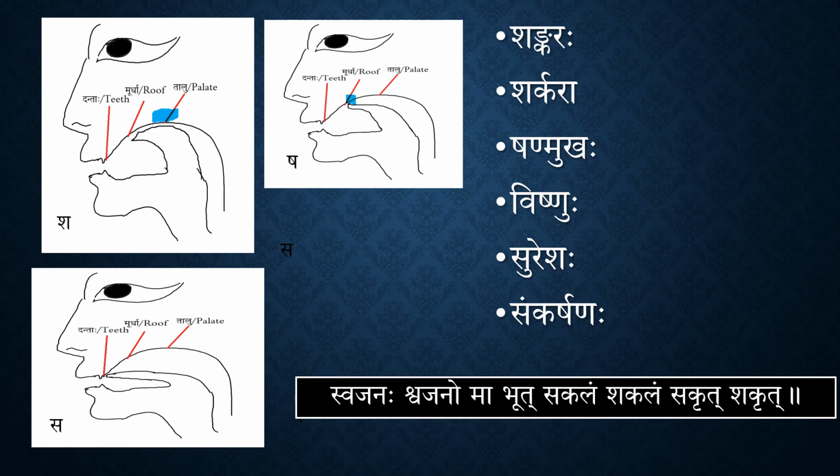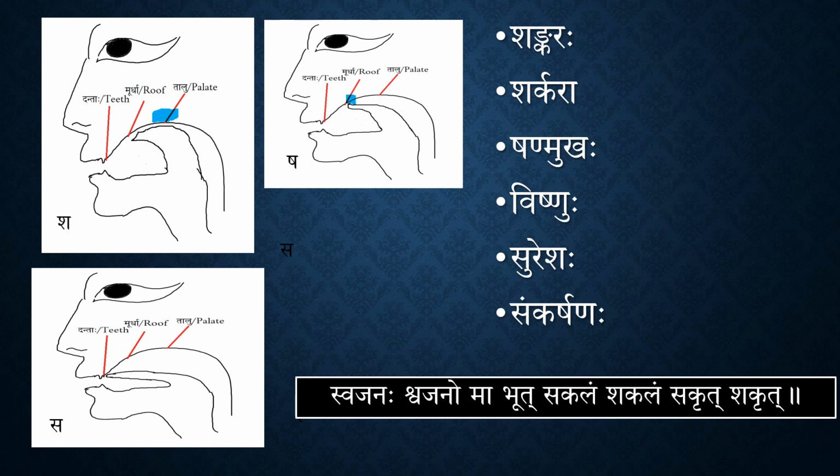Swajana means one's own people, relatives. Shwajana means dogs, and Shwajanaha means a group of dogs. See how the meaning totally changes: Swajana and Shwajana. And Sakalam, Shakalam, Sakrit, Shakrit.